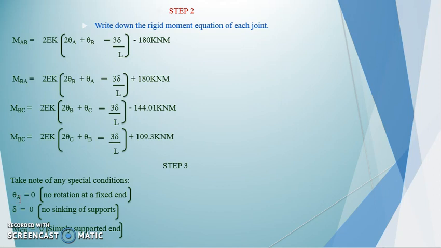You have that theta A is equal to 0. Why? No rotation at a fixed end. You have the deflection in the structure as 0, because the condition didn't tell us that there is sinking of support. Then you have that the moment MCB, that's the moment at support B, is 0, a simply supported end. That's the reason that the moment there is 0.